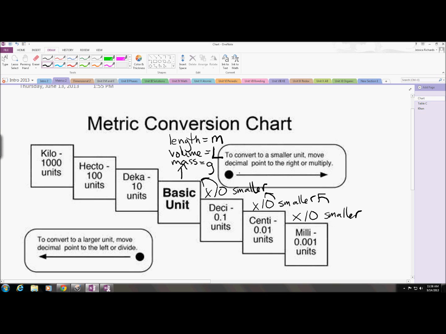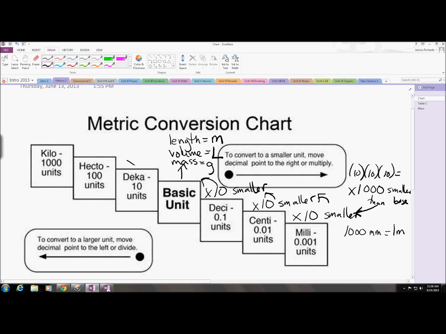So if you go backwards, the milli is then going to be 10 times 10 times 10 times smaller than your base unit. So that is 1,000 times smaller than the base. So that means that there are 1,000 millimeters in every 1 meter. Base 10, like our math system.